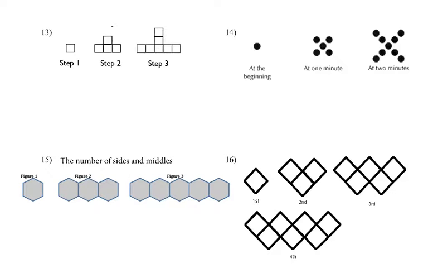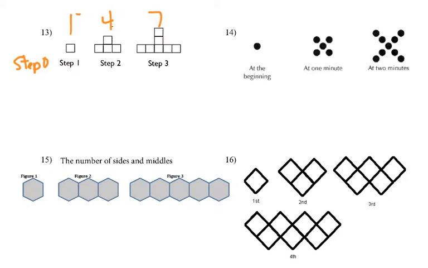So looking at 13, we've got step 1, step 2, step 3. So we're going to need to go back to step 0. Okay, that'll be our beginning. Notice how this one over here says at the beginning, whereas this says step 1. So 0 term, first term. You've got to pay attention to those, okay? So we go from 1 to 4 to 7.